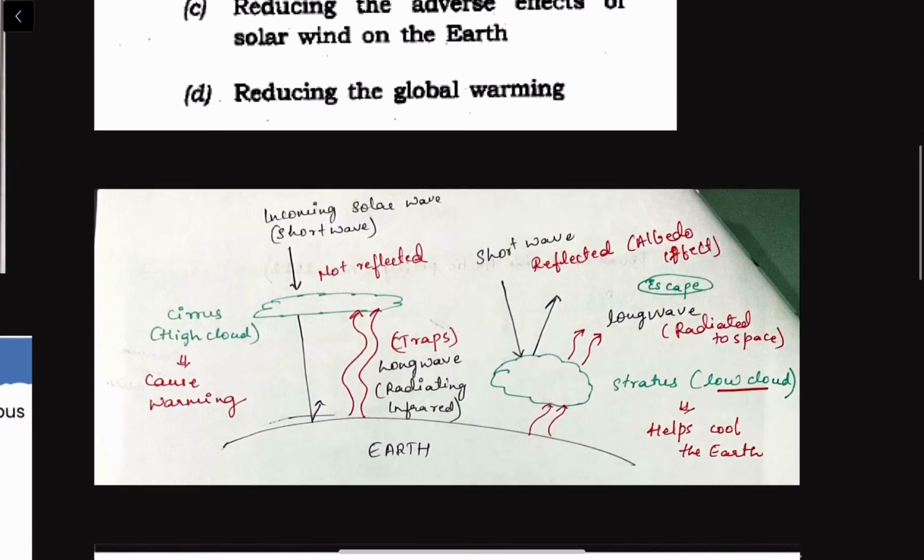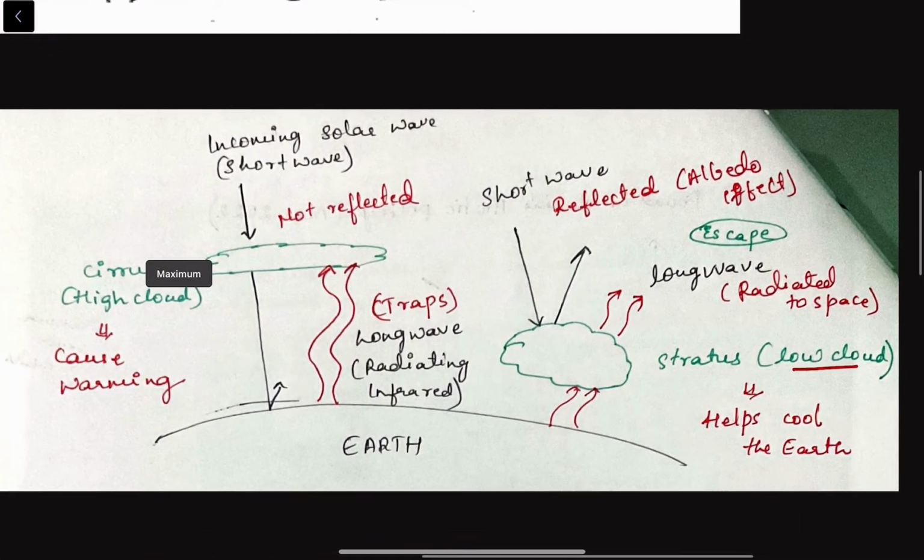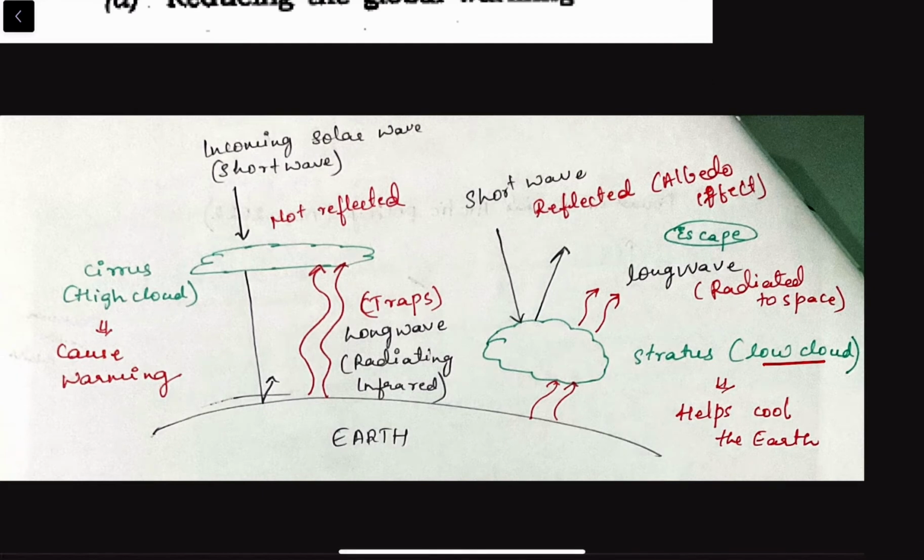Here, what we have to understand is the roles of different kinds of clouds, whether they are contributing to global warming or helping to reduce it. As we know, just a basic of global warming, it is caused when the average temperature of the earth increases, that is, the heat budget is imbalanced. How is it caused?